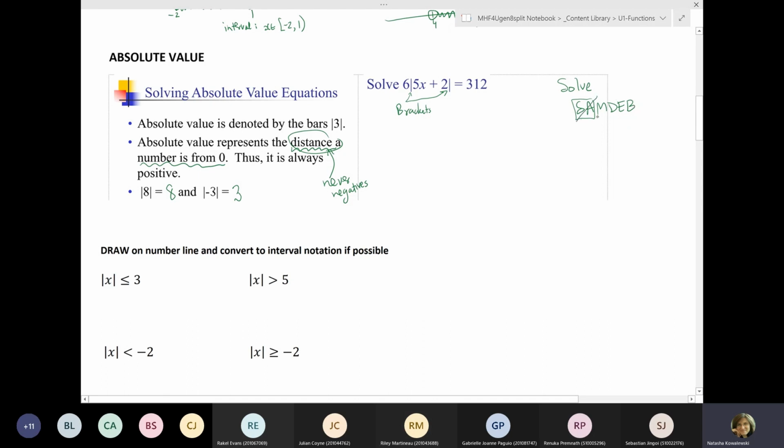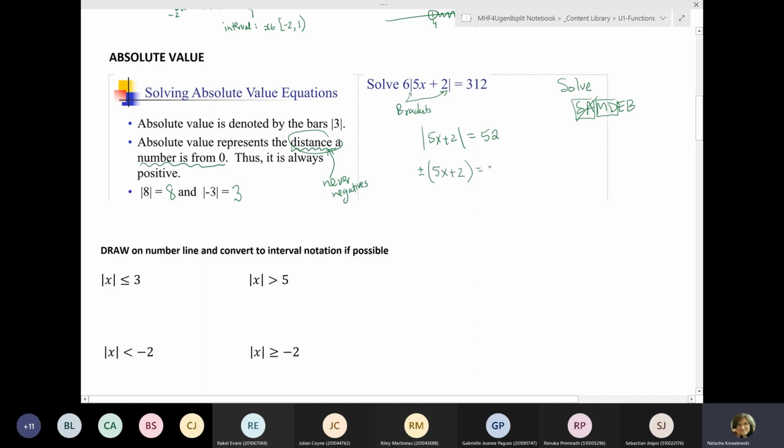Do you see any multiplication division that we need to get rid of? Yeah, divide by 6 on both sides. Okay, so let's divide by 6 on both sides. What number do we get? Does it go in evenly? I don't know. Get 52. Yeah, 52. Okay. Then there is no exponent, there is a bracket. So for us to remove the absolute value bracket, this is where we put plus and minus, because there's actually 2 choices of what the inside could have been.